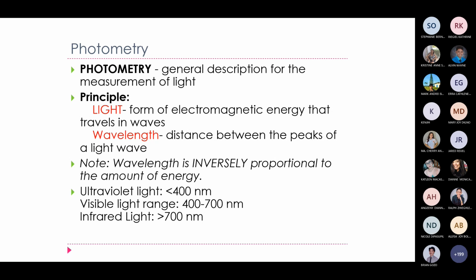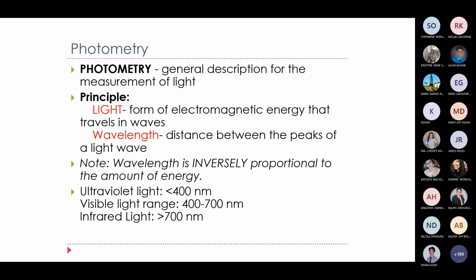Okay, for ultraviolet light naman, di ba we have the visible light range? Ano yung visible light range natin? Na nakikita ng ating mata? It is 400 to 700 nanometers. Kapag less than 400, you term the light as UV. Okay, paano ko ba dati ito tinatandaan?